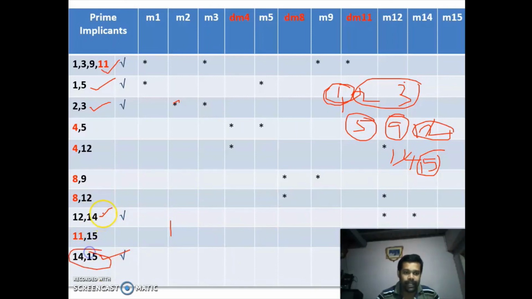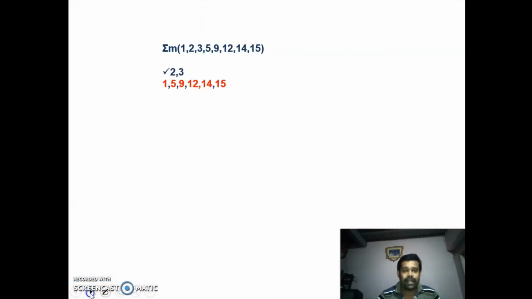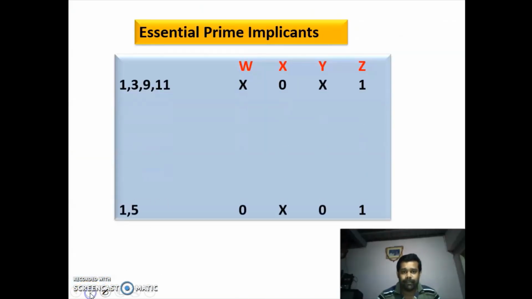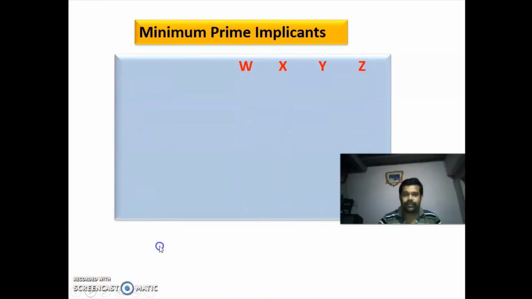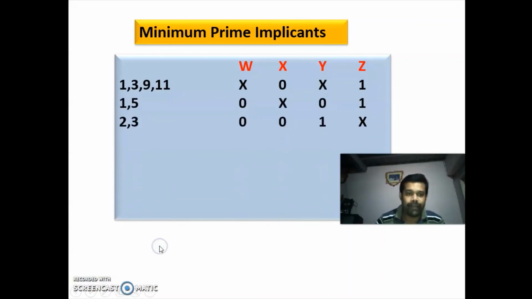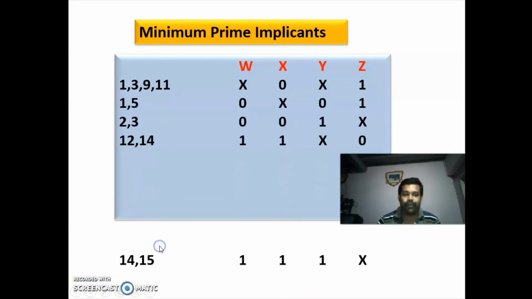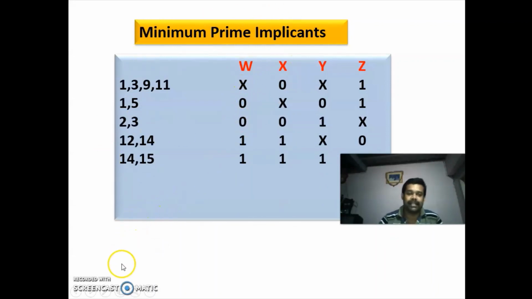So 14, 15, 12, 14, 2, 3, 1, 5, 1, 3, 9, 11 are the minimum prime implicants needed to minimize this problem.